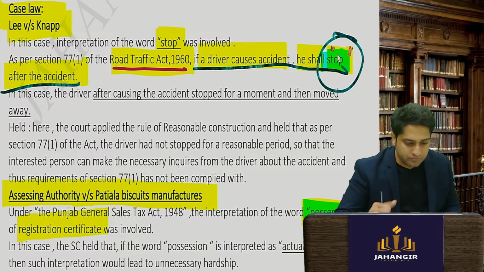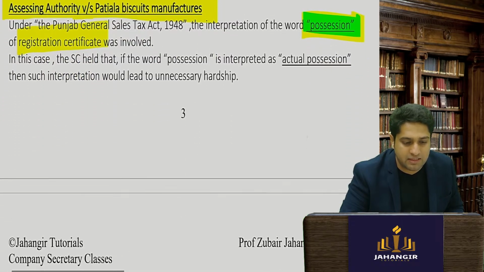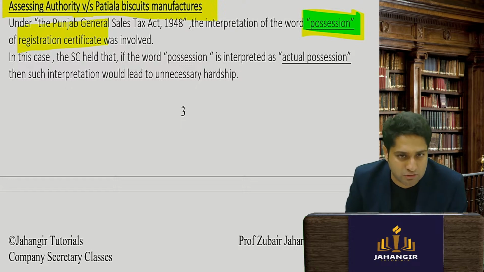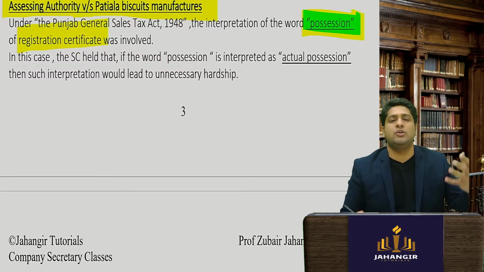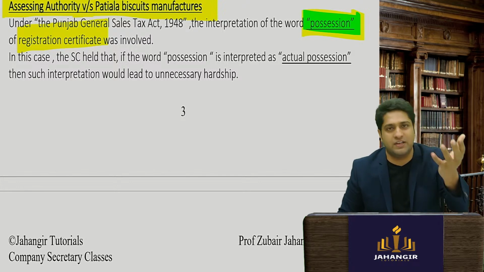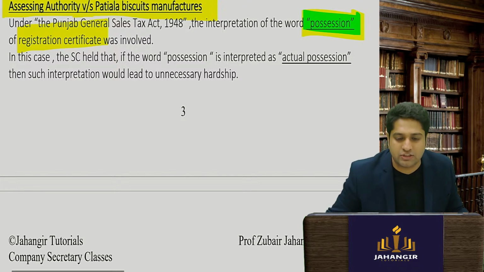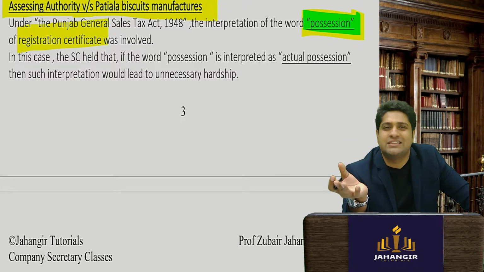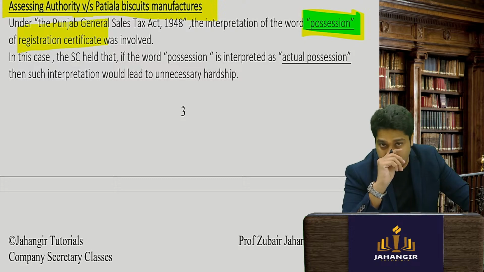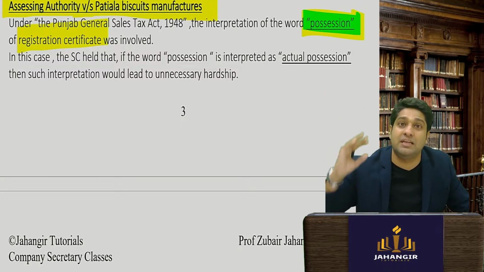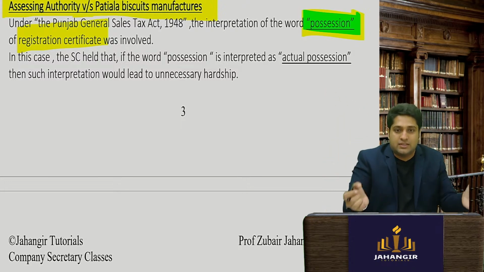Okay. Similarly, in Assessing Authority versus Patiala Biscuit Manufacturers, it was said that you should be in possession of a certificate of registration. So he said, okay, fine, I have taken the certificate of registration. But now they are asking: when you see the dictionary meaning, possession means actual possession, actually holding something.